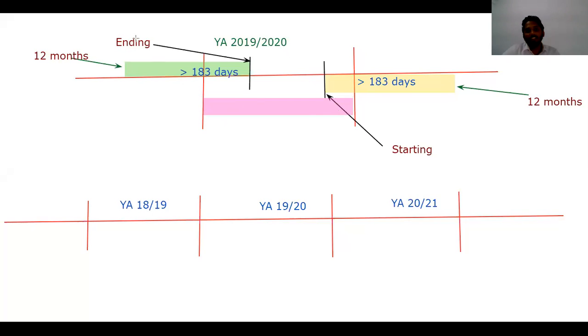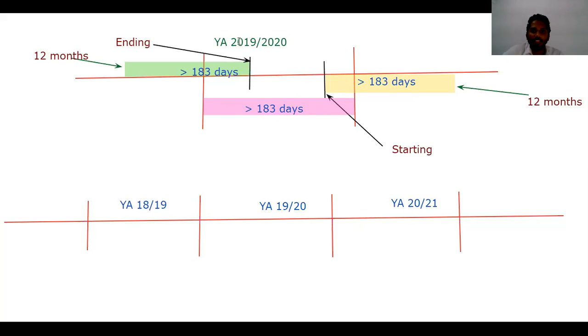Then during the year, he is completing 183 days. I'm highlighting the year, not the exact dates. They may be below, or 180 days or more. He has exceeded 180 days during this year, the pink area.